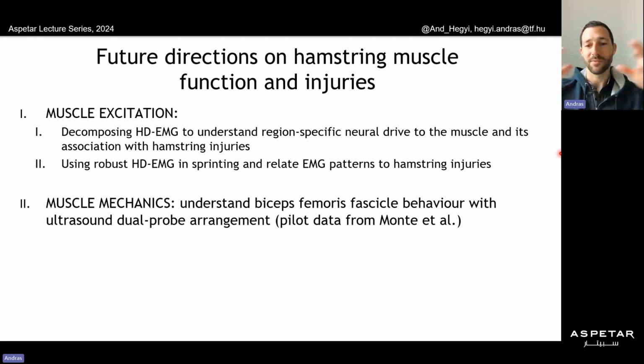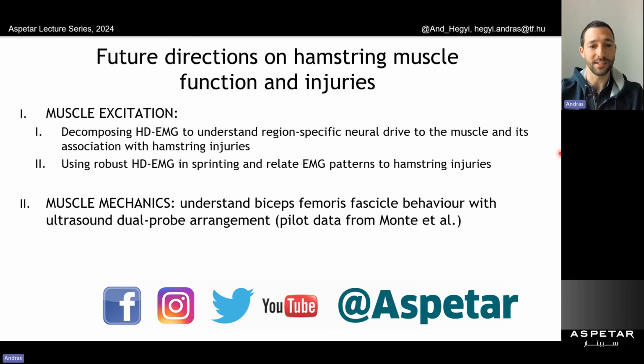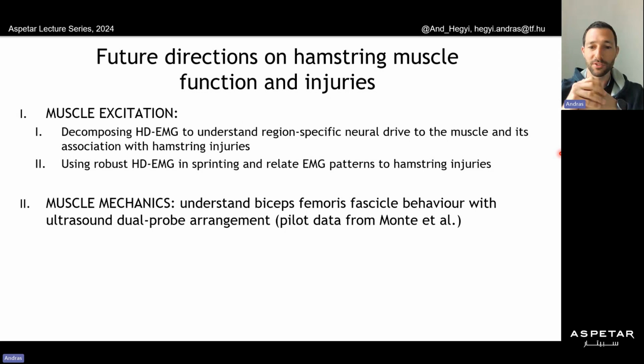So now we have some very small ultrasound devices which are portable, and you can connect two transducers simultaneously. So we can actually record from a quite large region of the muscle at very high frame rate. So I think there is still hope that we can understand the mechanics of the biceps femoris in relation to hamstring injuries in the future.